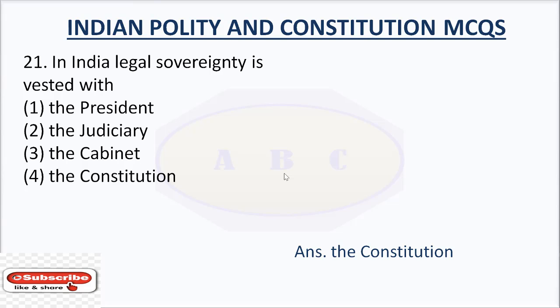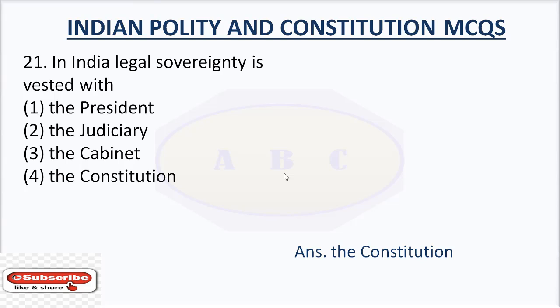Legal sovereignty represents the lawyer's conception of sovereignty. It is associated with the supreme lawmaking authority in the state. The body which has the power to issue final commands in the form of laws is the legal sovereign in a state.